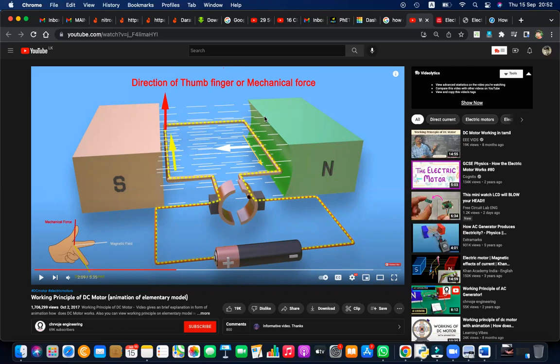So then the magnetic field is again this direction, so then it moves downwards. That is what is happening. Okay, the magnetic field you can see, and then the force will be downwards.